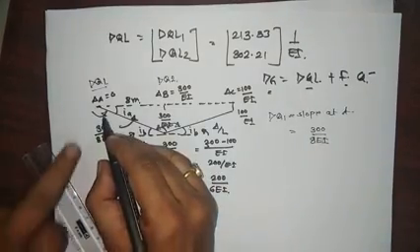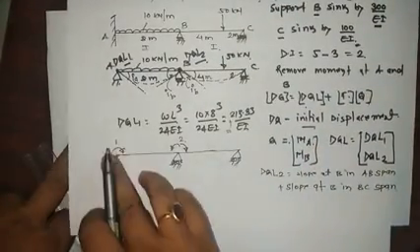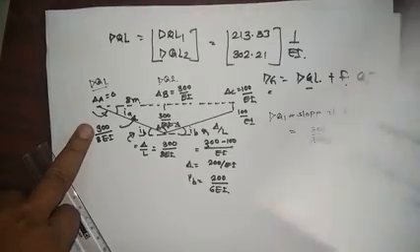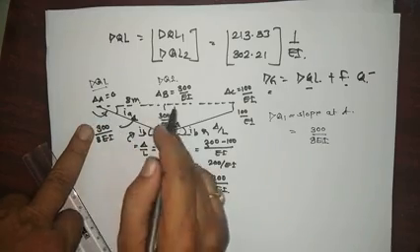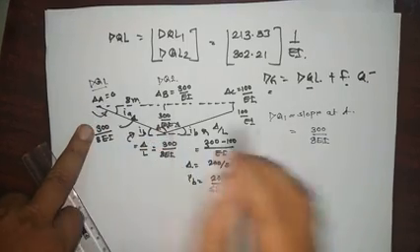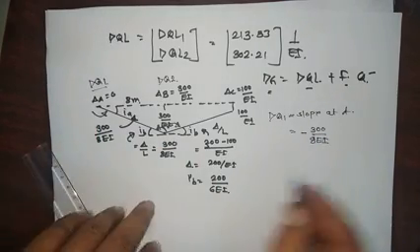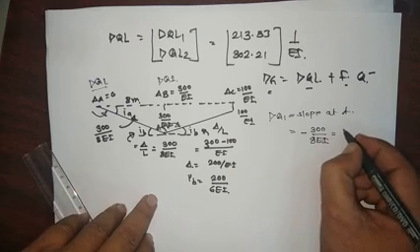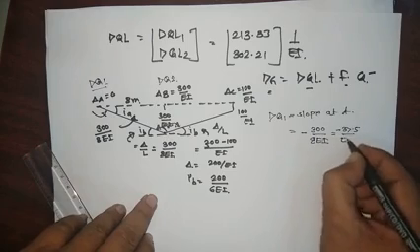Now here our assumed direction is like this, and the rotation produced due to the sinking of support is in the opposite direction. That is why this value is minus. So this becomes minus 37.5 divided by EI.